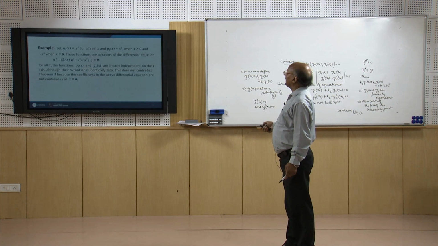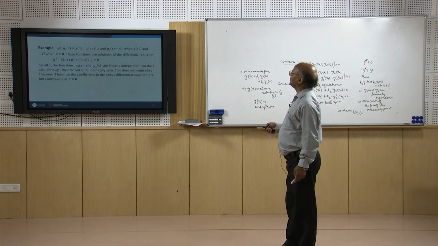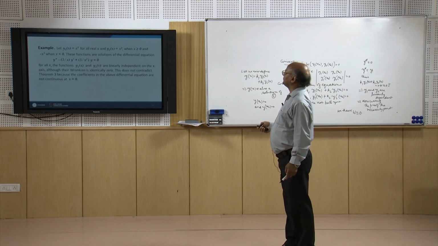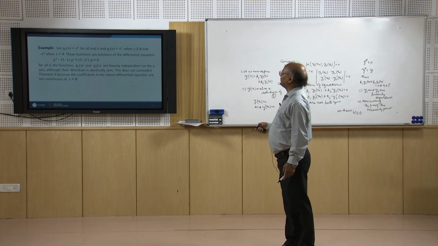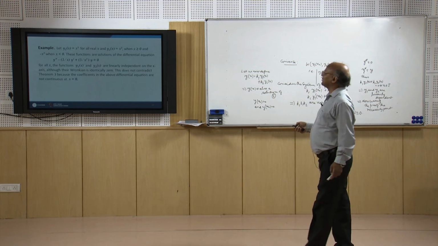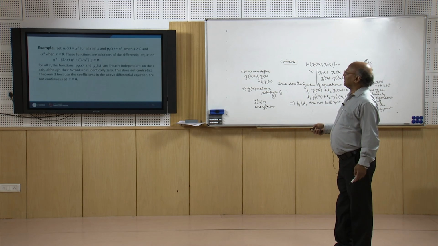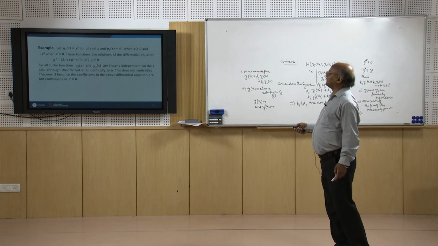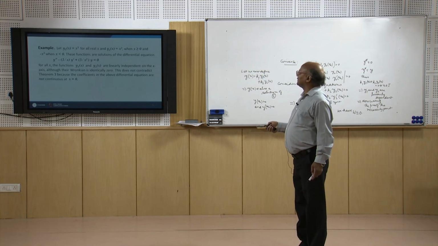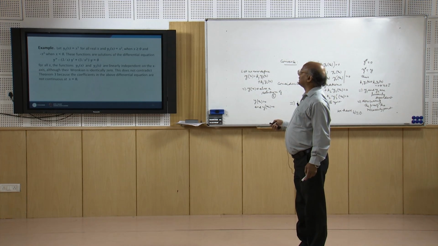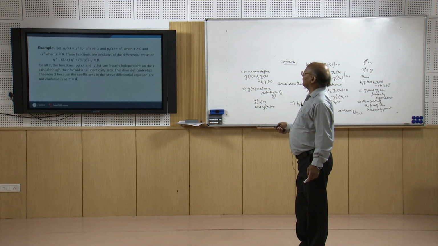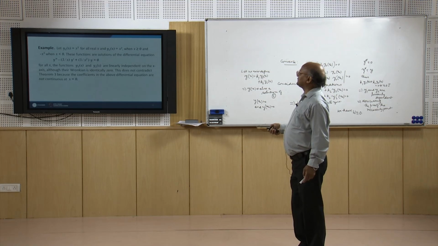Now moreover we can see that y1 x is x cube for all real x, while y2 x is x cube when x is greater than or equal to 0, minus x cube when x is less than 0. So they are both linearly independent on the x axis. One is not a scalar multiple of the other. Although their Wronskian is identically 0, we can easily check that the Wronskian of y1 and y2 is identically 0. So this does not contradict theorem 3.